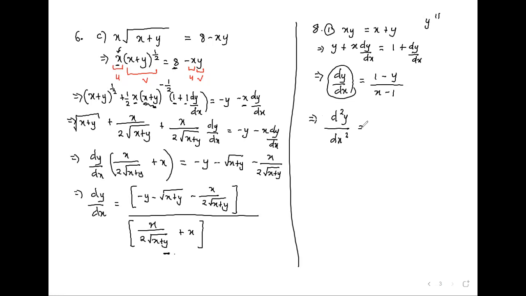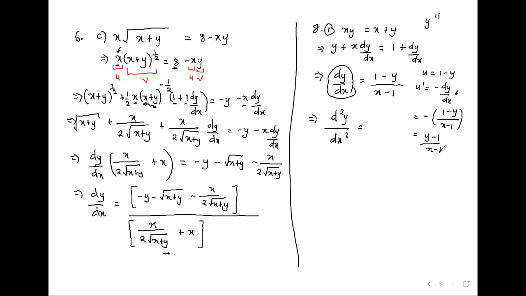Where the numerator u is 1 minus y, then its u prime is going to be negative dy dx. So before you rush to substitute, look, this dy dx is the one that we have found as the equation. So this is negative (1 minus y) over (x minus 1), so that we get (y minus 1) over (x minus 1).